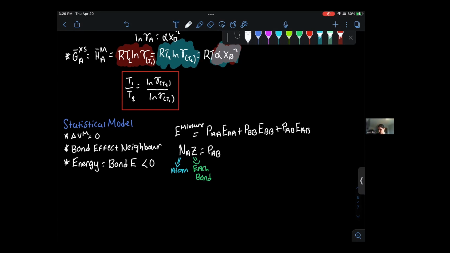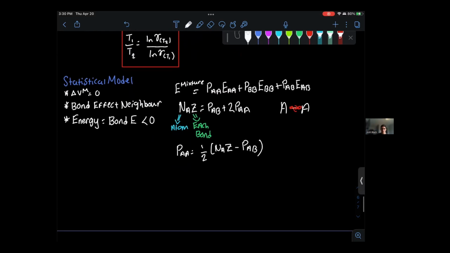Because each AB bond considers one A bond, plus 2 times AA bonds, because all of our AA bonds consider two A bonds. The bond coming from this A and the bond coming from this A. They're both interacting. This gives us that our AA bonds are going to be equal to half of this term minus that term. Not bad. The same thing can be said for B.